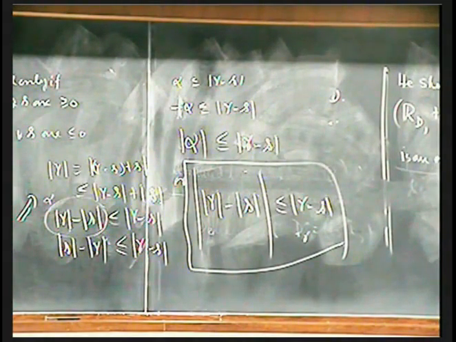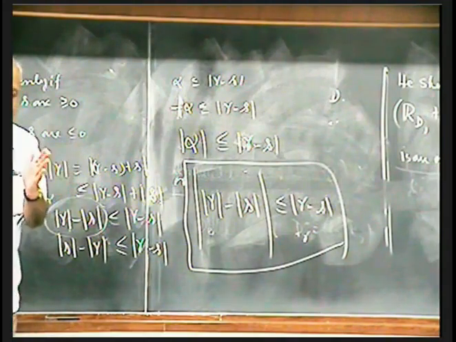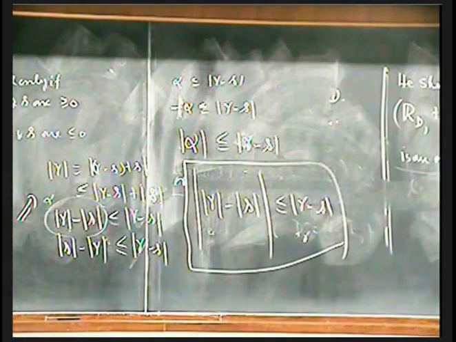Now you generalize this idea in a vector space, you get the notion of a norm and a normed linear space. You generalize this notion of r minus s. R minus s tells you the distance between r and s. r is a real number, s is a real number.